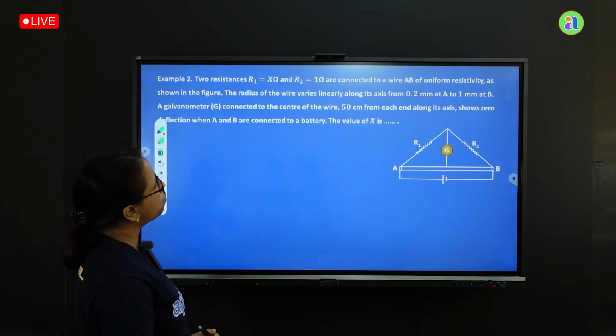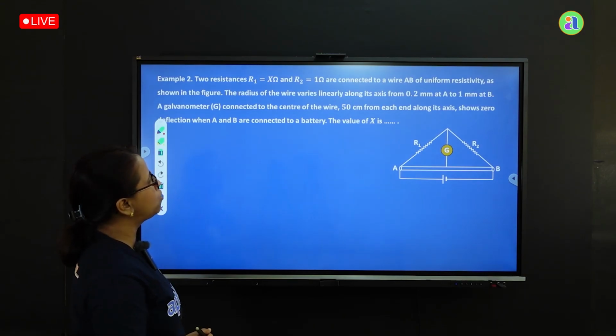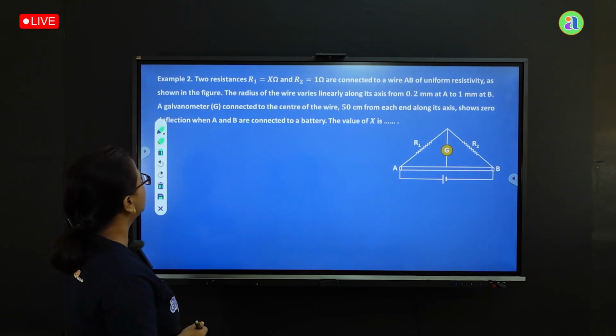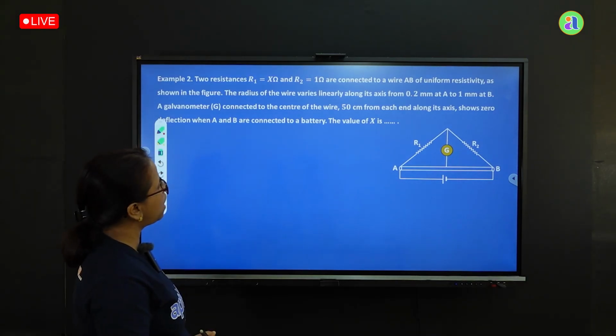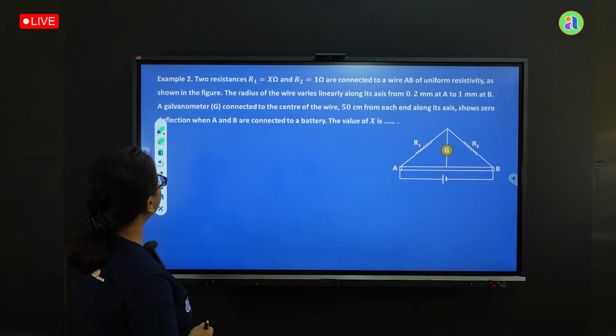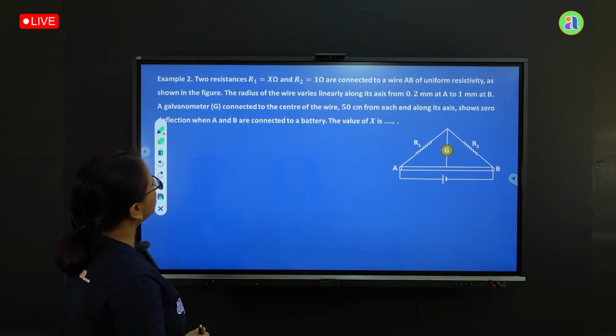The radius of the wire varies linearly along its axis from 0.2 millimeters at A to 1 millimeter at B. A galvanometer G connected to the center of the wire, 50 centimeter from each end along its axis, shows zero deflection when A and B are connected to a battery. The value of x is.